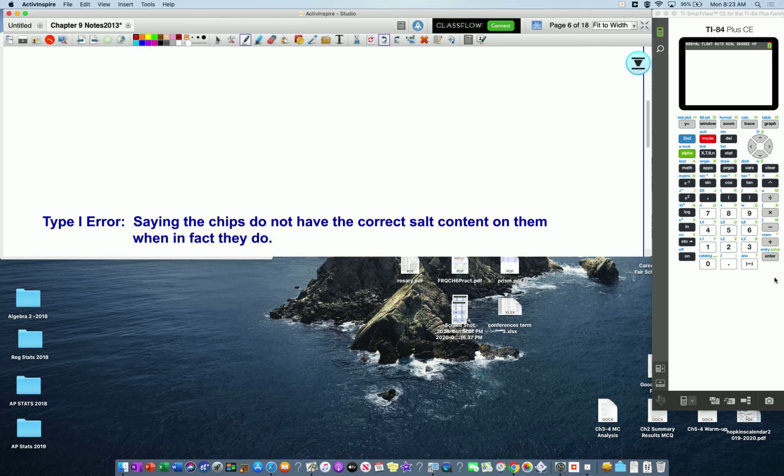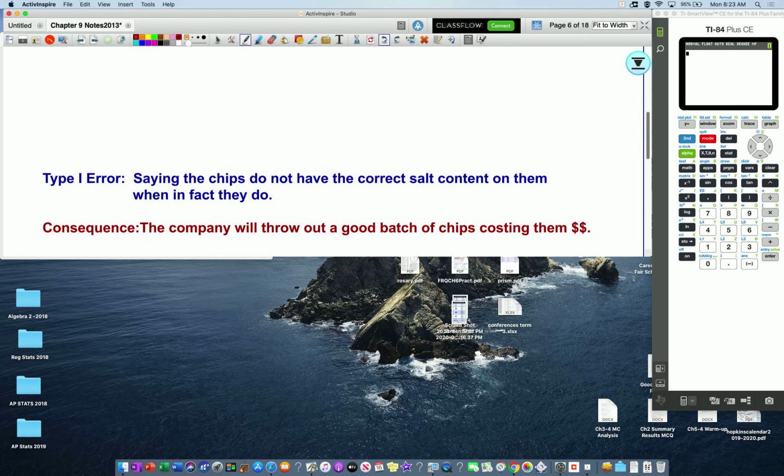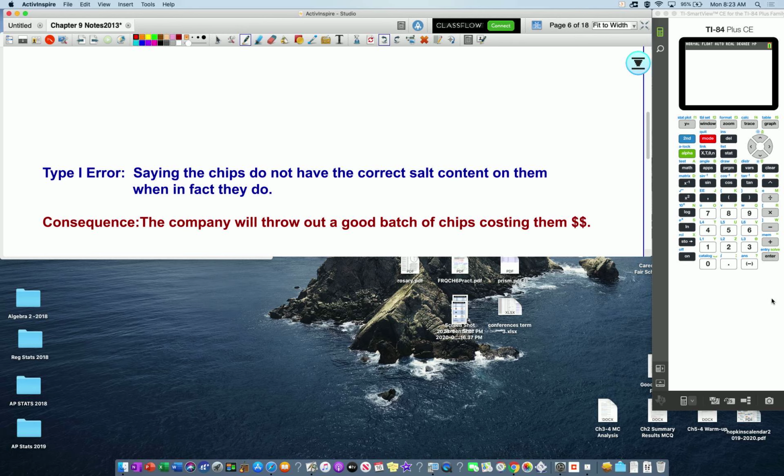So we rejected the null hypothesis, when in fact everything was A-OK. In this particular case, the consequence is we're destroying a good batch of chips. Frito-Lay doesn't necessarily want to throw out good chips. That's definitely going to cost them some money.